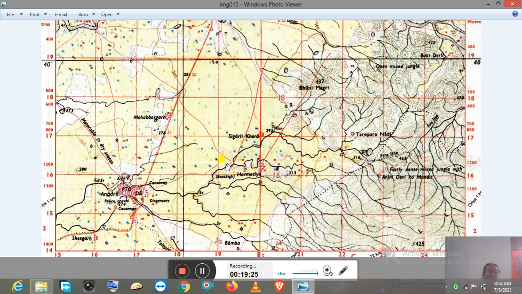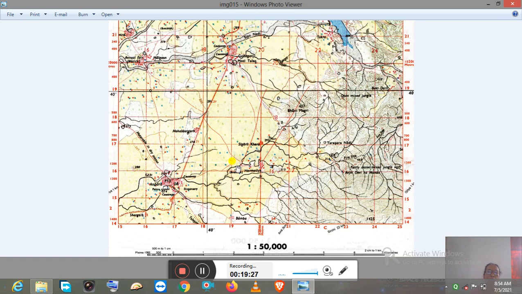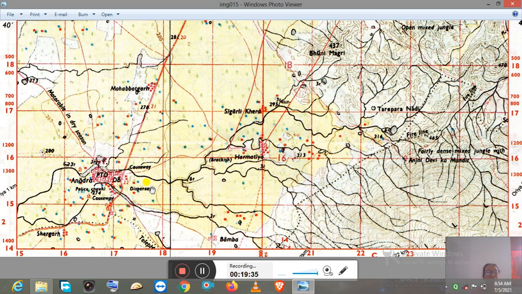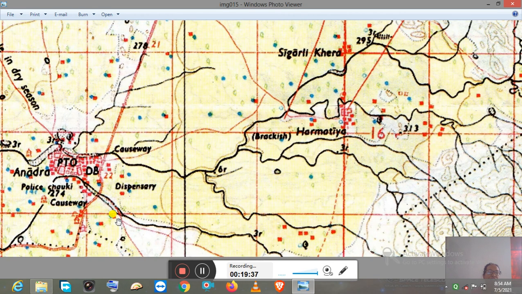In the whole map you can see some are large villages, or they have all the facilities. So if you see here village Anadra, it is well connected with the metal road, cart track with other villages.